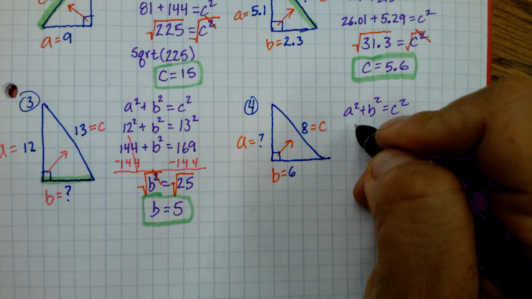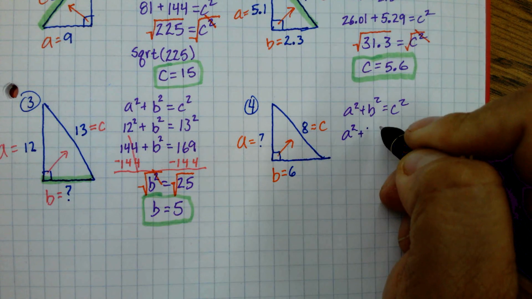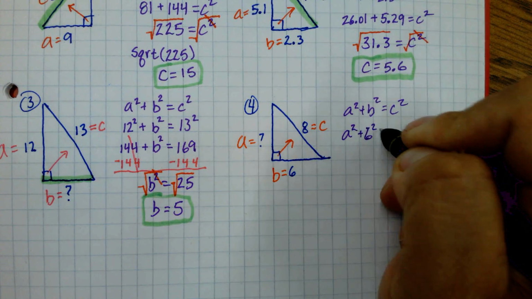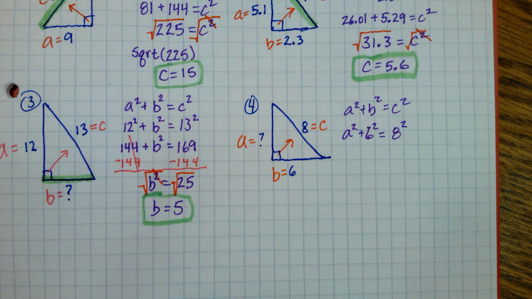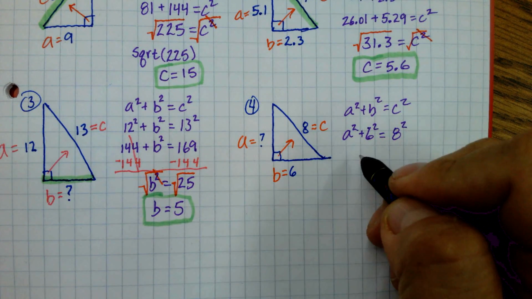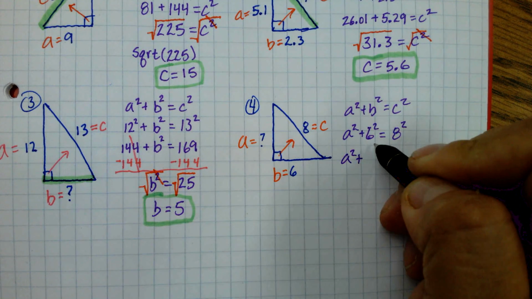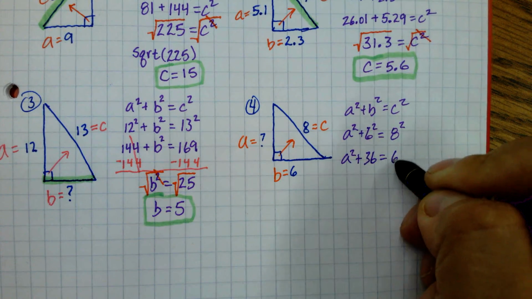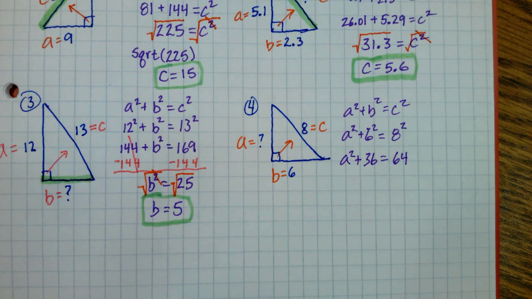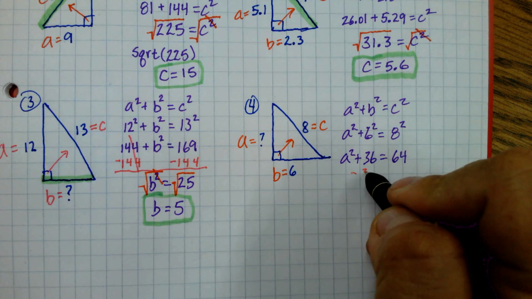We don't know A, so it stays A squared, plus 6 squared equals 8 squared. So A squared plus 36 equals 64. And now we want to get A squared by itself, so let's take away 36.